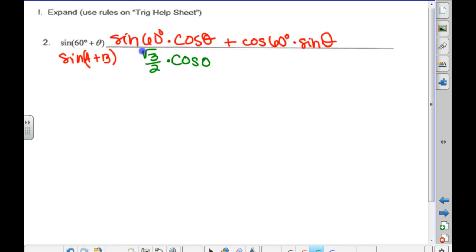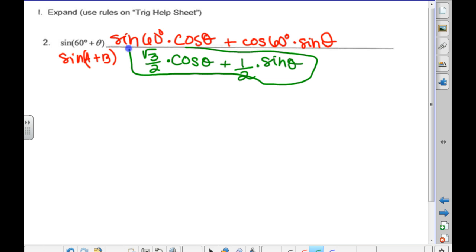Okay, times the cosine of theta, plus, what is the cosine at 60 degrees? Cosine at 60, thank you. It is 1/2. That doesn't simplify, that's what they're looking for. Yuck, yuck, yuck. That's it. Yep. Whoa. Okay.